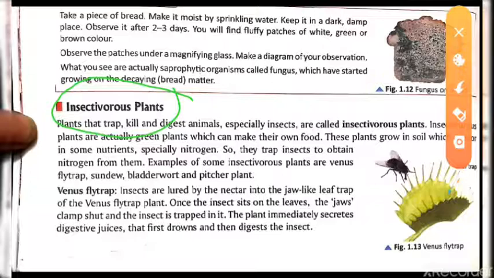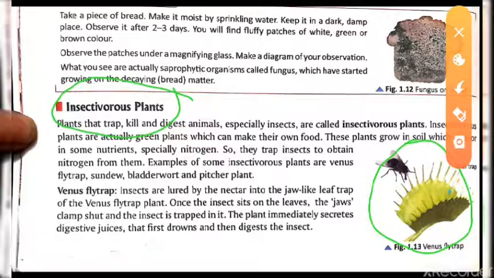You may think that if they are eating insects, they are getting all their nutrients from insects only. This is wrong. Actually, the insectivorous plant is green in color, which means it has chlorophyll. That means it performs photosynthesis and prepares its own food.